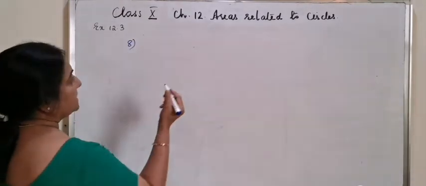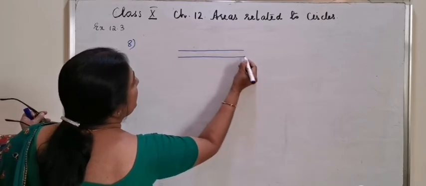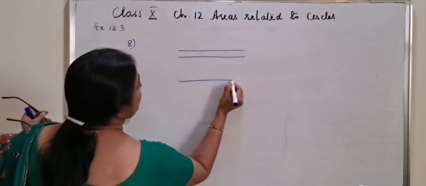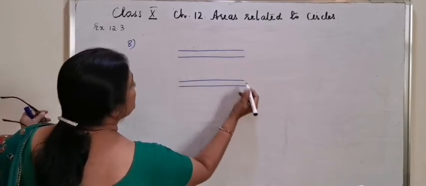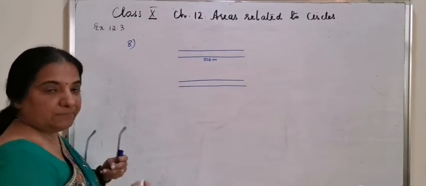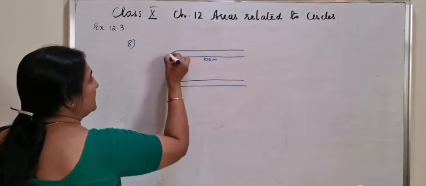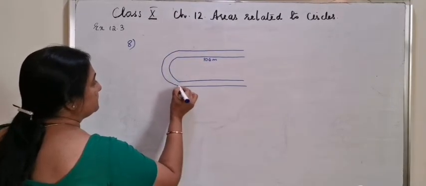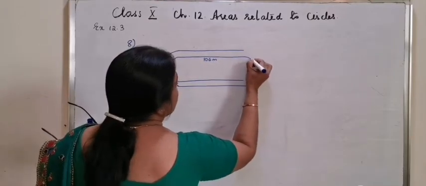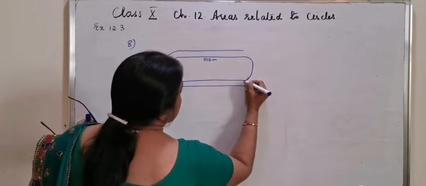It is very clearly said that there are 2 parallel tracks and each of that length is given as 106 meter, and then the ends are semicircular. Similarly, this side also, the ends are semicircular.